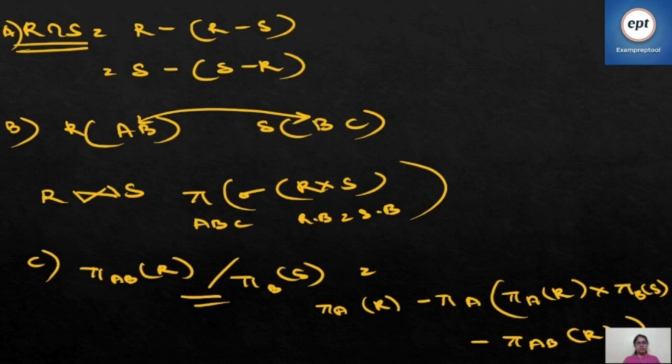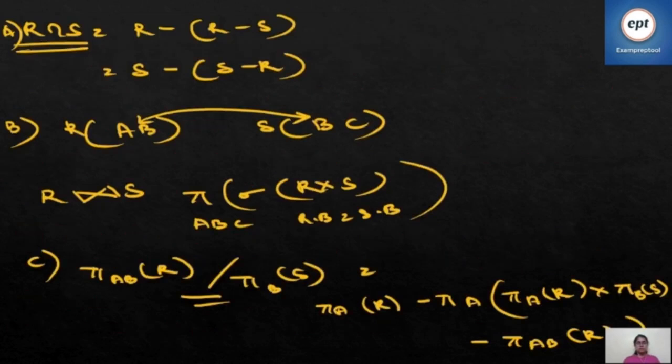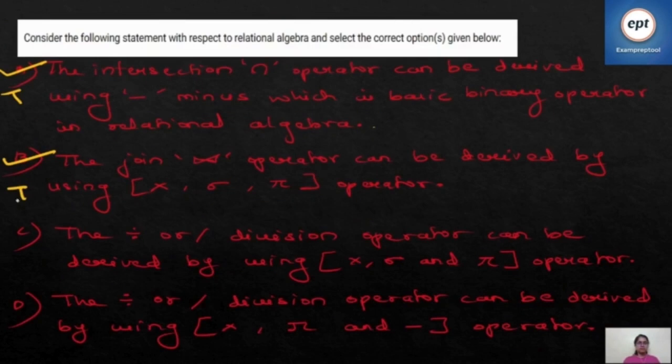So in the division operator we required projection and cross product. You can see that we didn't need any selection operator; we just used cross product and projection. So clearly option C is false.